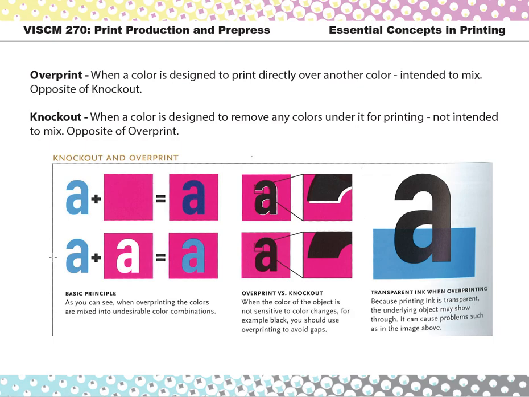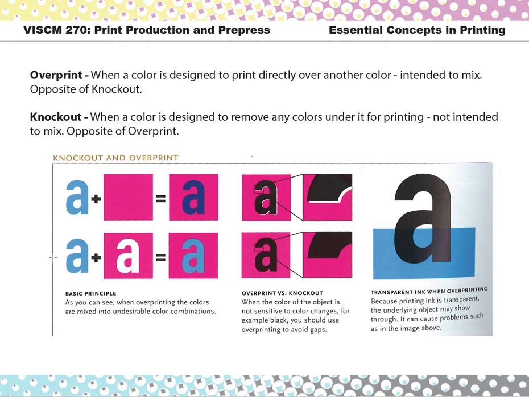So when you have a background color and then you draw a circle on top of it and fill that with a green, that green by default is going to knock out anything below it. It's not going to mix all the colors below it. You can set those objects to mix if you want.